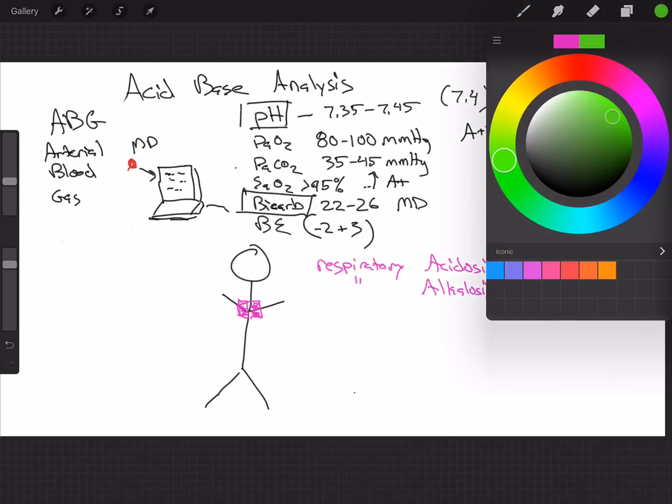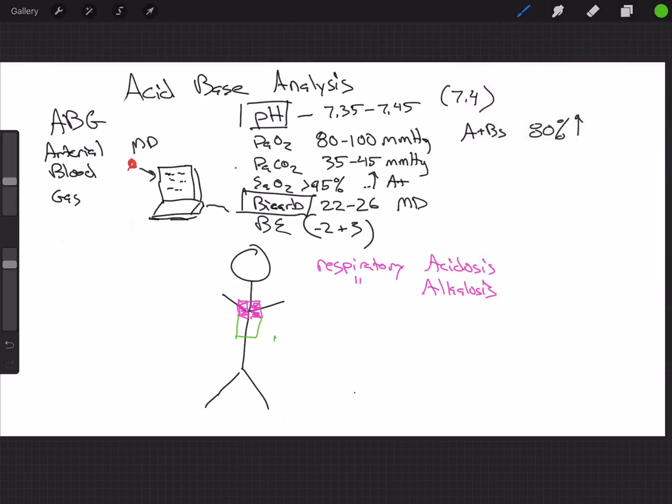Then over here, down in the abdomen, okay, in the abdomen we have the liver, the pancreas, the stomach, the intestines, the kidneys, all these organs down there in the abdomen, and I'm just going to count the kidneys as being in the abdomen.